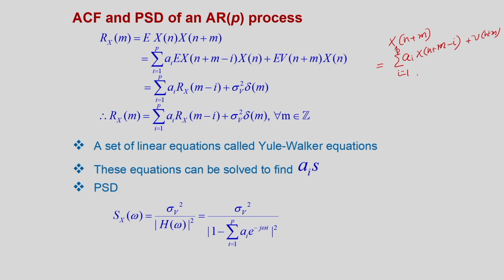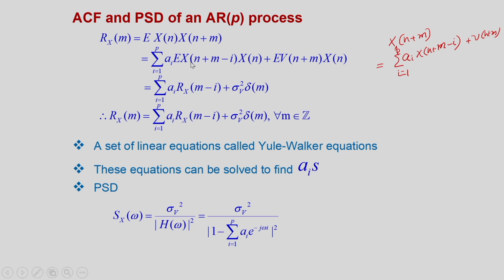So, we fit this model here and then take the expectation inside. We will get the summation, i going from 1 to p, of a_i into E of x[n plus m minus i] into x[n], plus the next term, E of v[n plus m] into x[n].